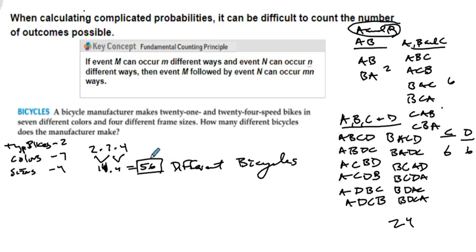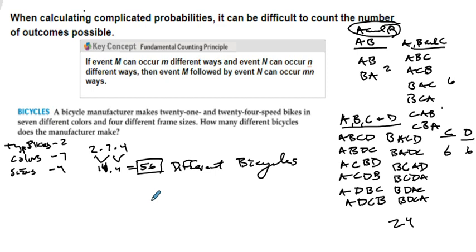So this is the fundamental counting principle, and we're going to use this concept throughout probability. You will always see this. The classic example is: there are 2 shirt tops, 3 pairs of pants, and 4 pairs of shoes.